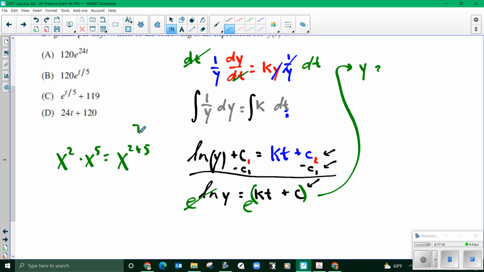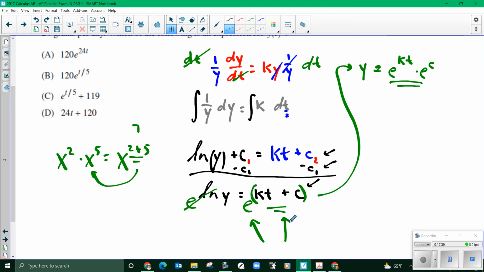It is. So what I'm going to do here is break this apart into multiplication. So y equals e to the kt times e to the c. Do you understand what I did here? If I were to multiply these two together, I would have my one e with my exponents added.